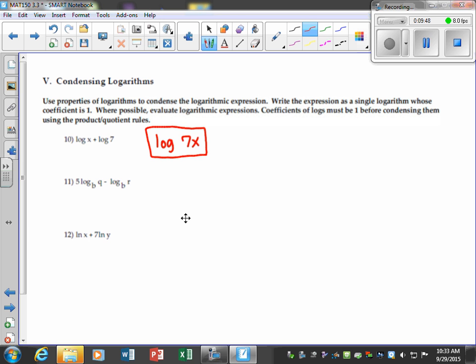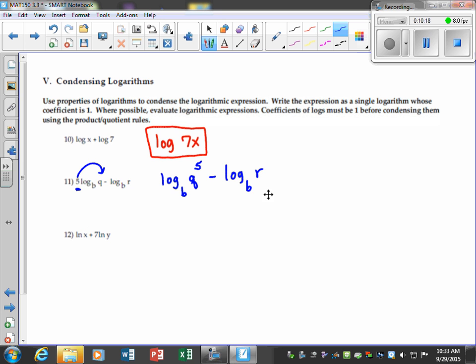Number 11. First of all, let's take this and rewrite it, let's do our power rule first. So we see this, instead of being up front, where can we move it? Yes, as the exponent. So let's work with that one first. So we have log base b of q raised to the 5th power minus log base b of r.